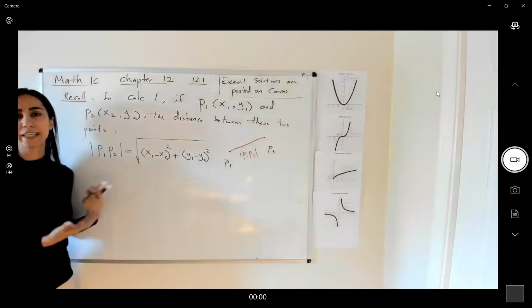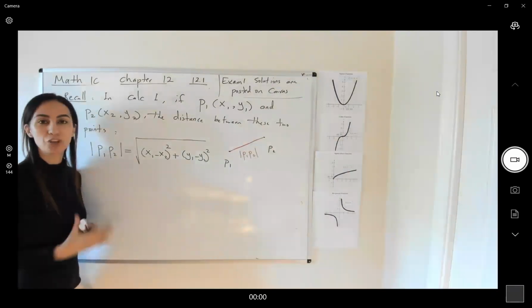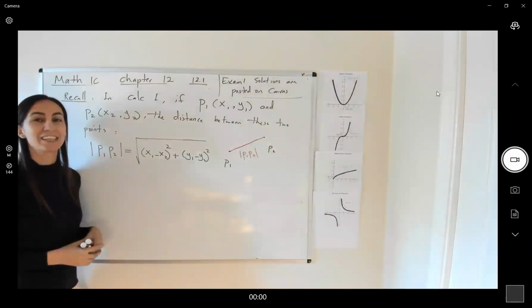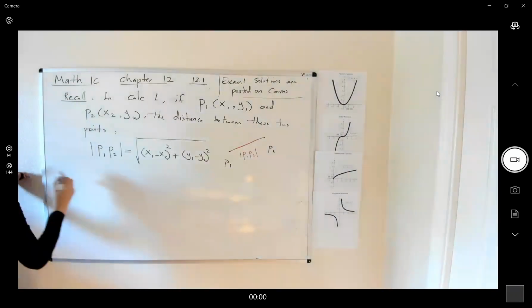So, of course, we can generalize the idea to having 2 points in three-dimensional space. Now we have to add z as the third coordinate.